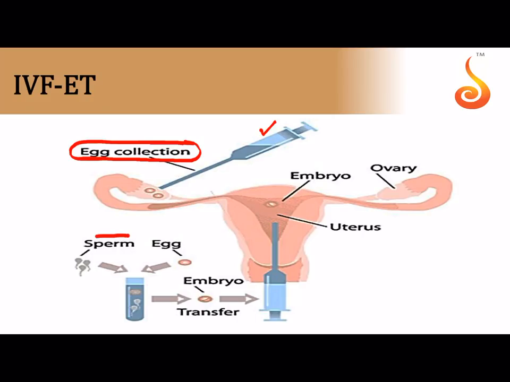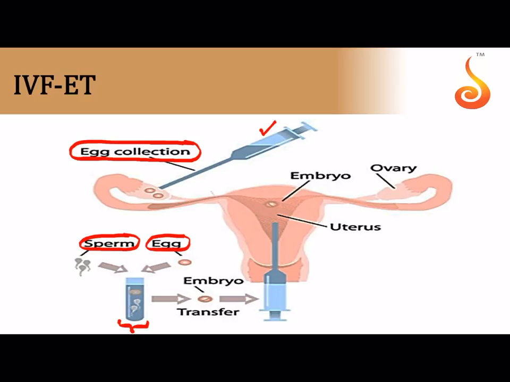And then the sperm from the husband is introduced. Here they have literally shown a test tube, but normally it's called test tube baby because of the lab condition; normally it is done in a petri dish. So the egg from the woman is mixed with the sperm from the husband in a nutrient medium within a glassware, where a zygote or an embryo is formed.